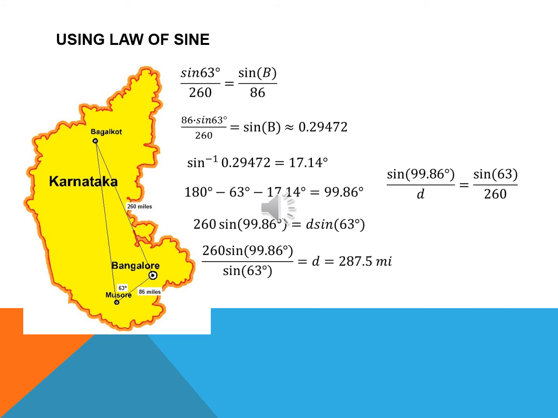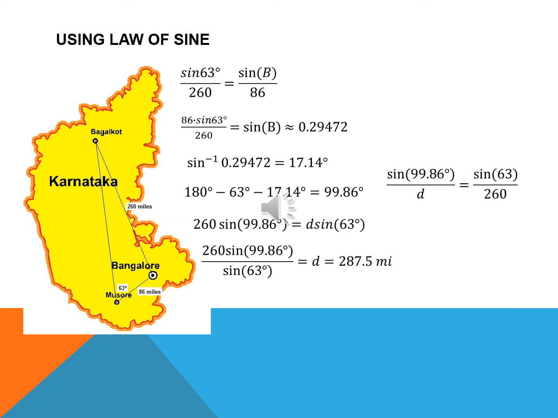That leaves 99.86 degrees as the angle at Bangalore. Now that I have that angle, I can use law of sines one more time to find the distance that I was originally wanting. So sine of the angle at Bangalore, sine of 99.86 degrees, divided by the distance I'm looking for, is equal to sine of 63 over 260.